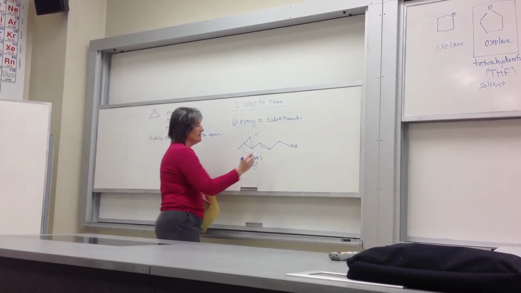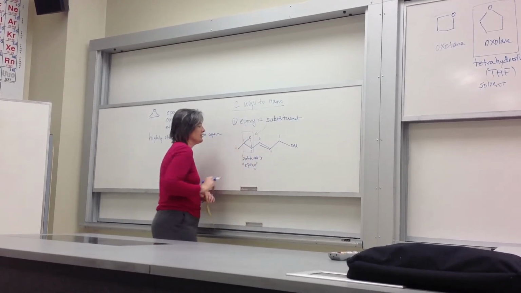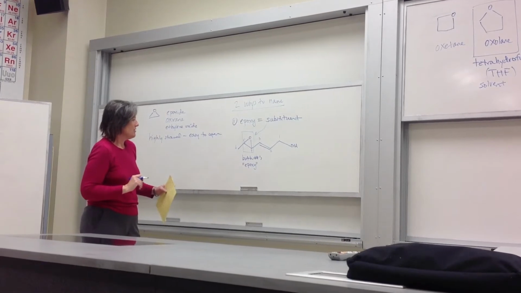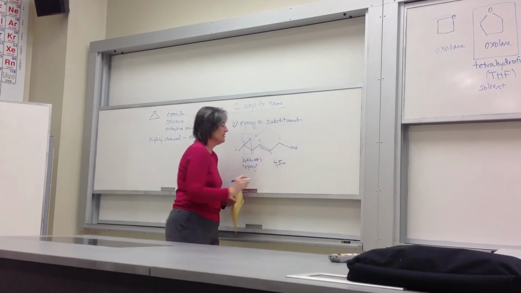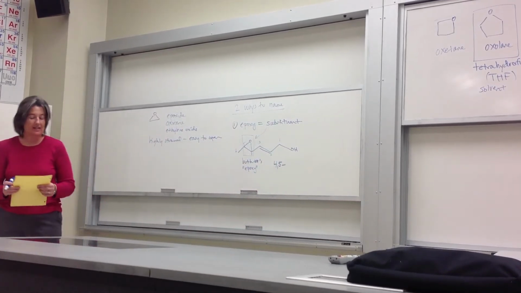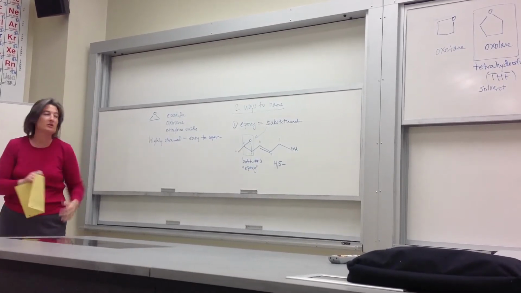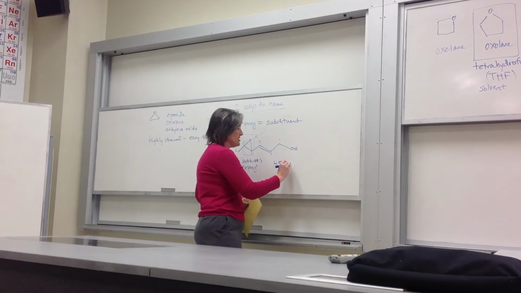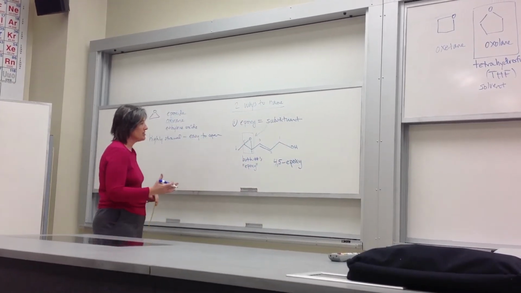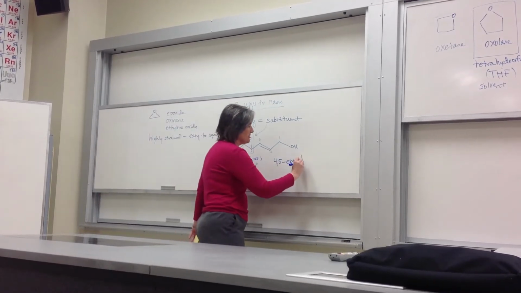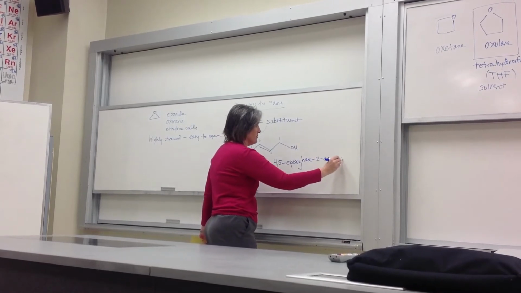Naming this, I have 1, 2, 3, 4, 5, 6, and so I am going to say 4,5. They actually put both numbers, and I guess maybe that's so that you know that it's going this way, not that way. Then epoxy, and then it just names like normal. So this is 6 carbons, so it is going to be hex-2-en-1-ol.